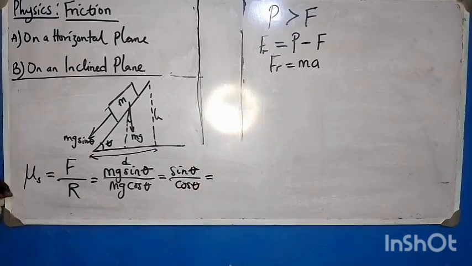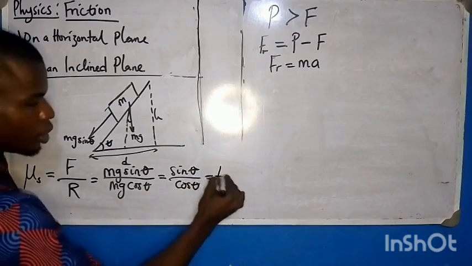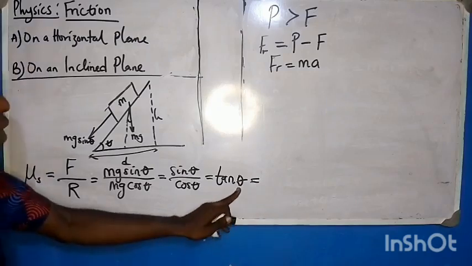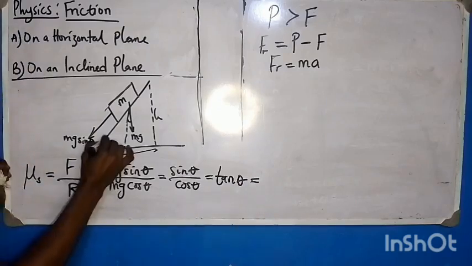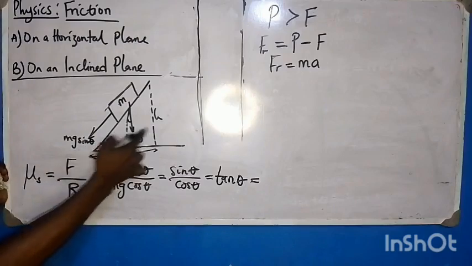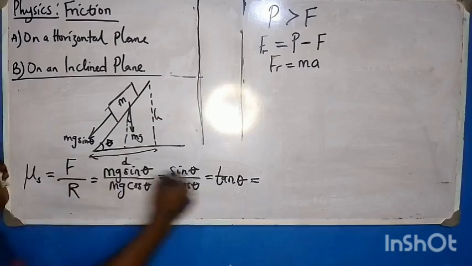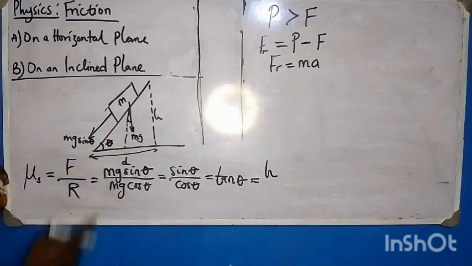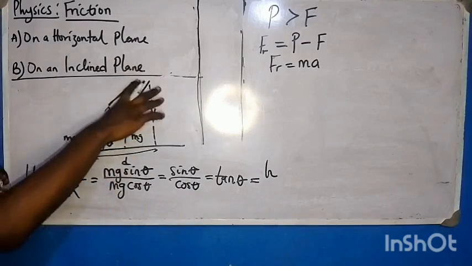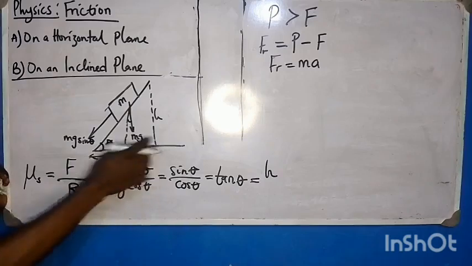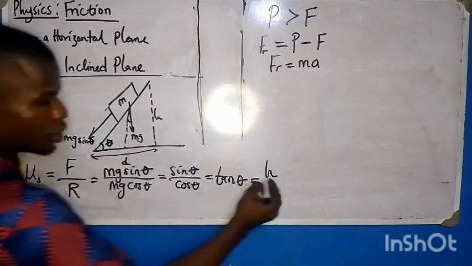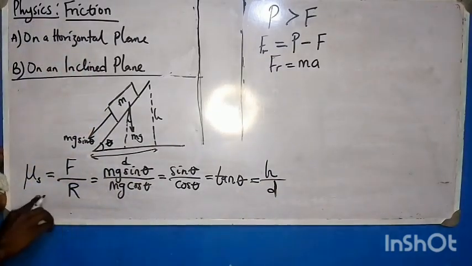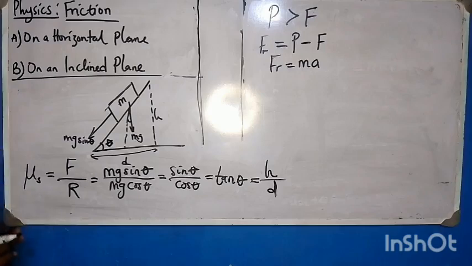And remember, sine theta over cosine theta is tan theta. Tan theta means opposite over adjacent. So if we know the height of the inclined plane divided by the distance d, we can also find the coefficient of static friction using that case.